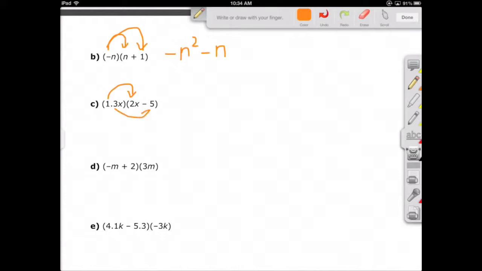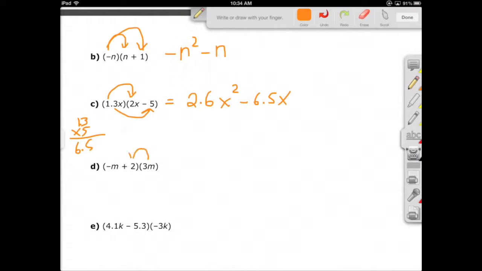You could also go like this, save yourself a little bit of room. 2.6x squared, and 13 times 5. Here's a little trick. 13 times 5 is 65. There's one item behind the decimal place in 1.3x. So put one item behind the decimal place in your answer. Sneaky. Minus 6.5x.